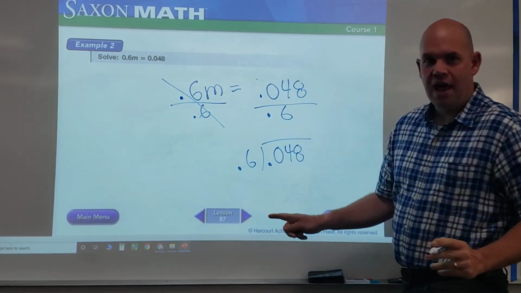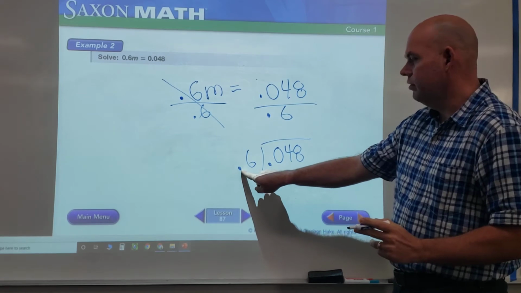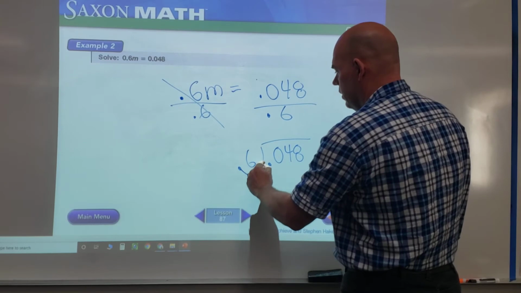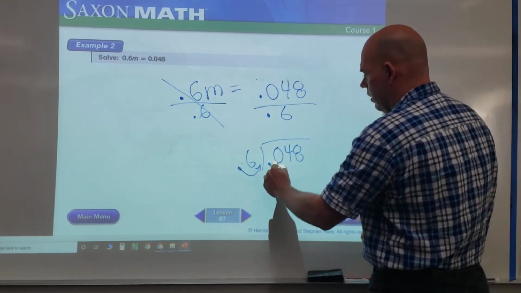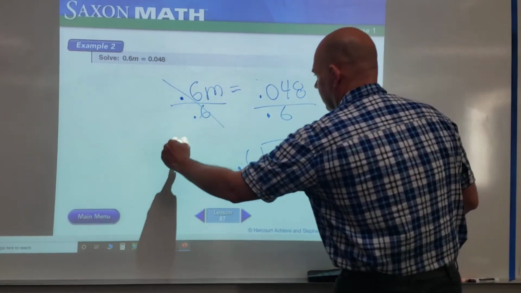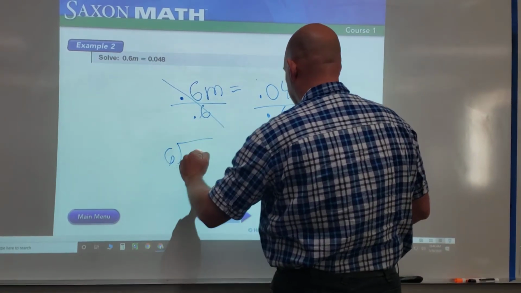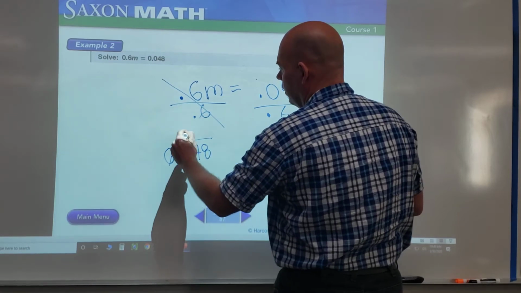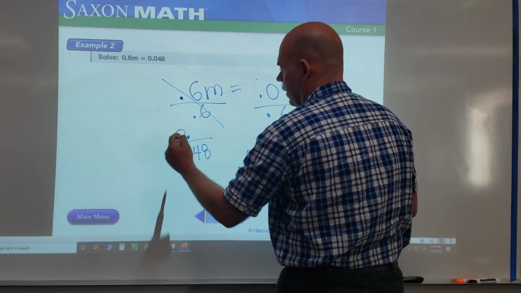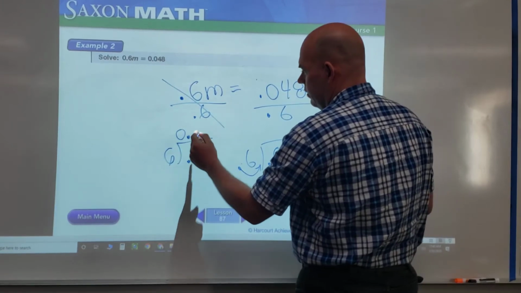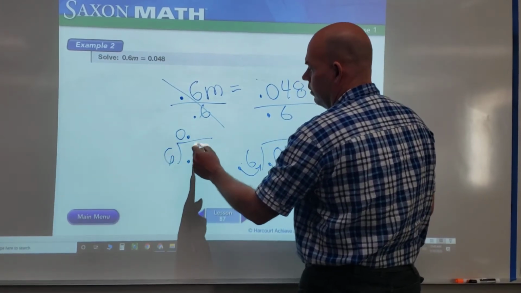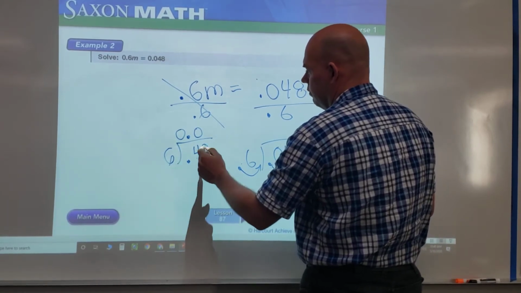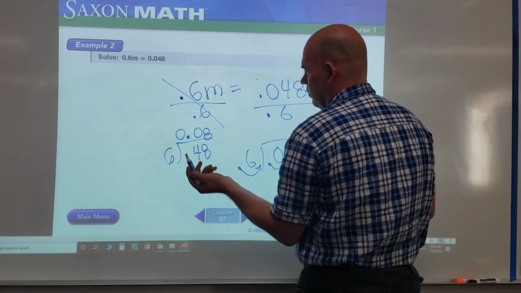Now remember, when we have a decimal in an equation like this, we want to get rid of it. The way we do that is just by shifting it over 1. And if we do it here, we have to do it here. So now we have 6 divided by 0.48. I'm going to go ahead and move that decimal up right now so I don't forget about it. 6 goes into 4 0 times, so we can just drop that down, and then 6 goes into 48 8 times.